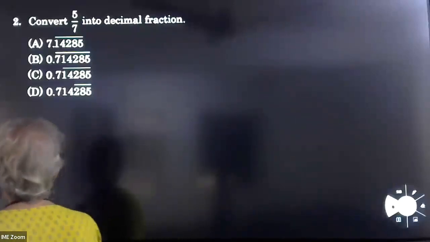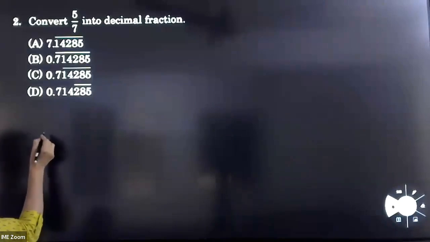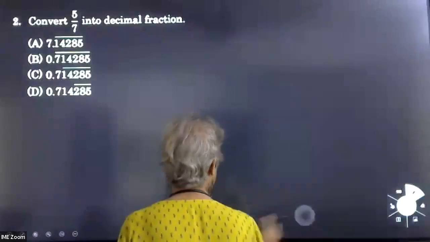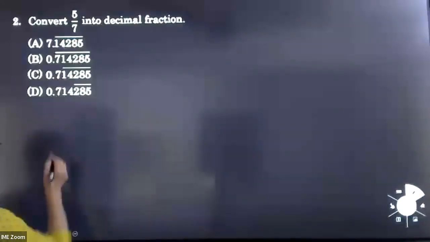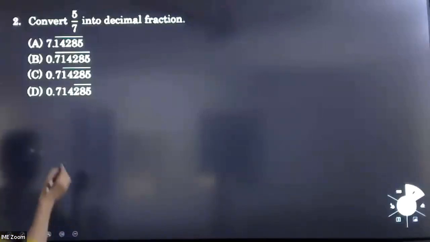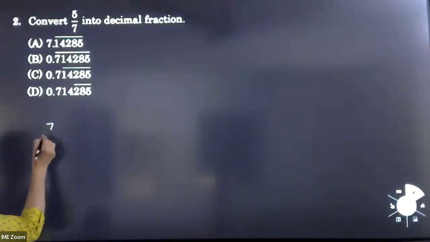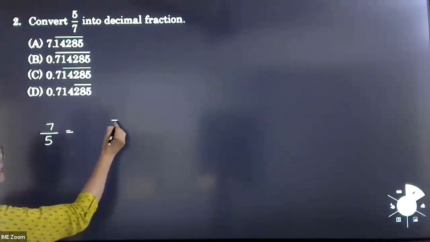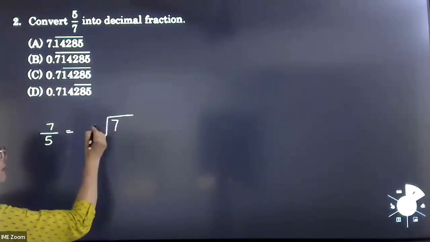First, I'll give you a few simple sums here. For example, say 7 upon, instead of 5 upon 7, I will take 7 upon 5. So let us divide this. 7 divided by 5.